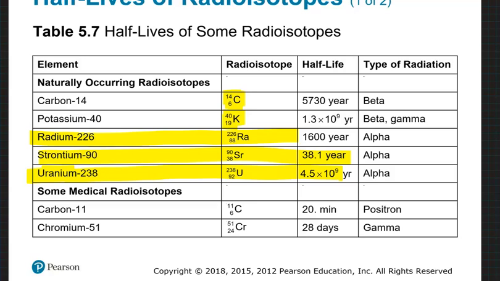Medical isotopes, carbon-11, 20 minutes. Have you heard about positron emission tomography or PET scans? No? You're given a compound that contains carbon-11, it circulates through you, gives you special type of imaging, okay? I don't remember exactly.